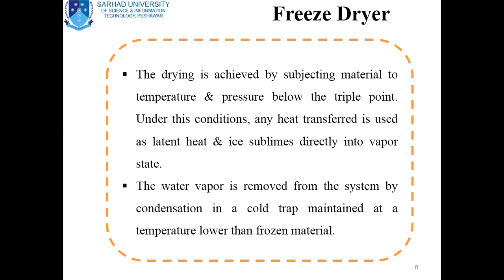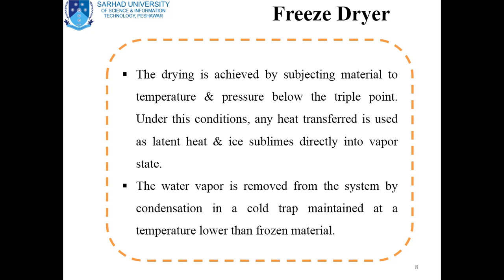The drying is achieved by subjecting the material which is to be dried to temperature and pressure below the triple point. Under this condition, any heat transferred is used as latent heat, and ice in the frozen state sublimes directly into the vapor state.